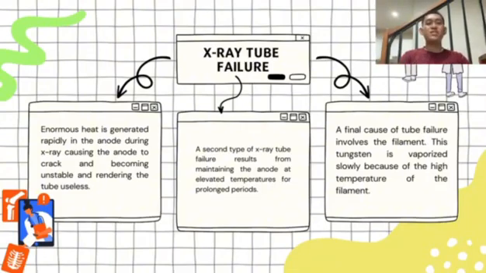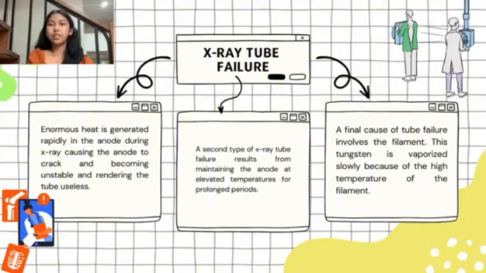The second reason for X-ray tube failure is the continuous elevated heat that the anode is exposed to. The anode experiences extreme heat over a prolonged period, causing the anode and its parts, the rotor, the oil bath, the X-ray tube housing, the bearing, and the glass enclosure to crack and fail. By using the X-ray tube properly, it can provide longer years of service. With inconsiderate use, its life may be shortened.